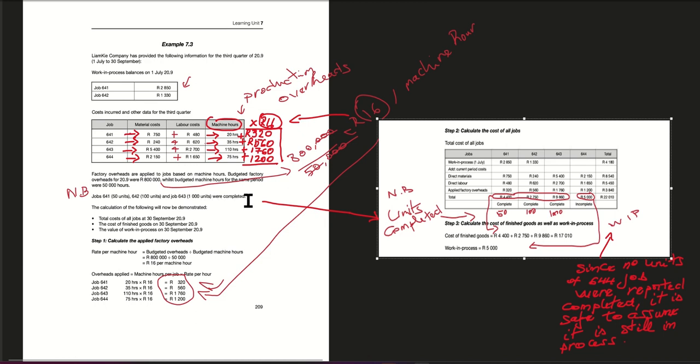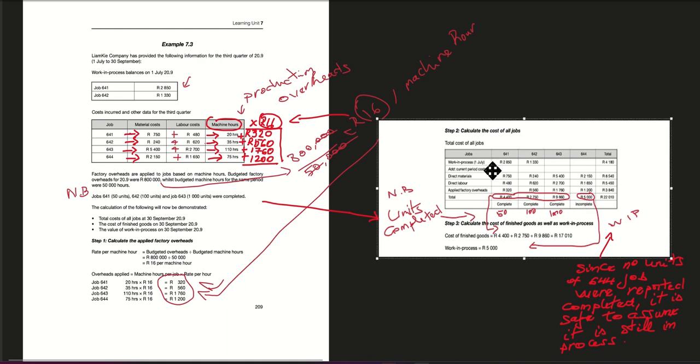This is very important information, and this tells you that the jobs that were completed are only 3 of them, because the 4th job was not completed.